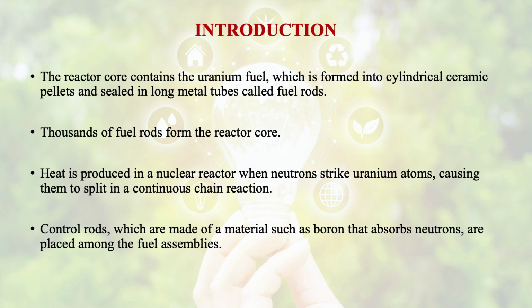Suppose this is a rod. When a neutron strikes the uranium atoms of this fuel rod, it causes them to split in continuous chain reactions. Control rods, which are made of materials such as boron that absorb neutrons, are placed among the fuel assemblies.